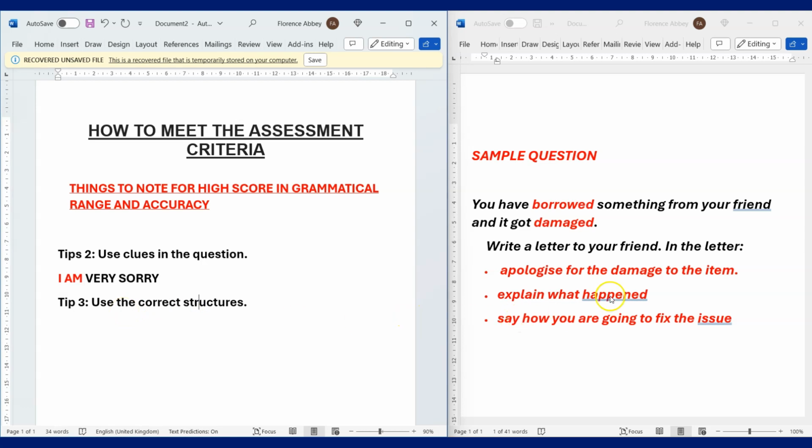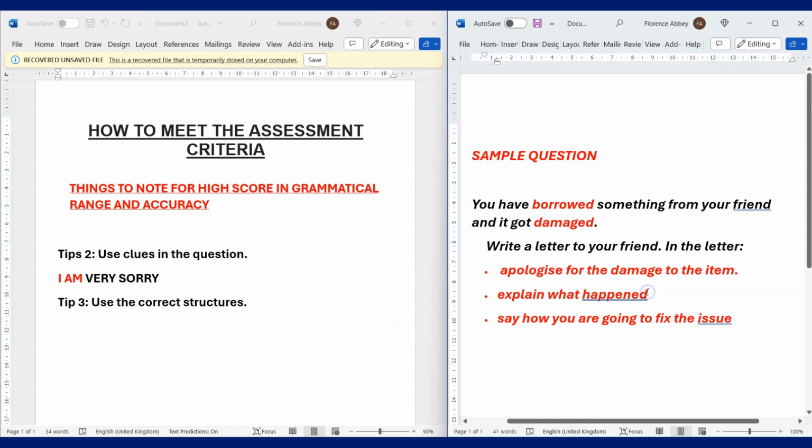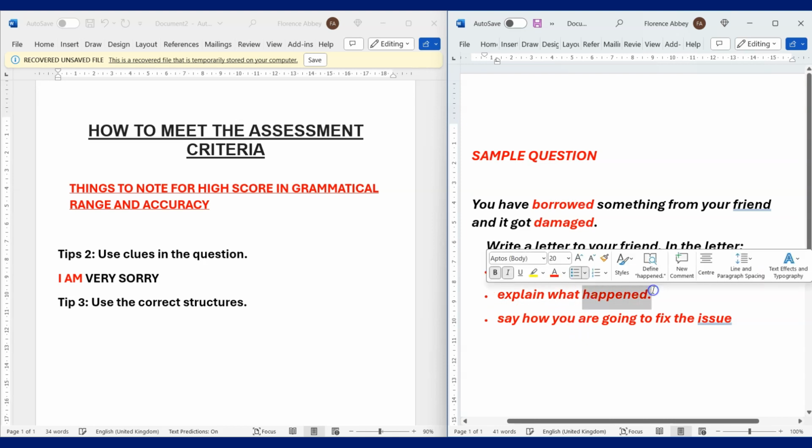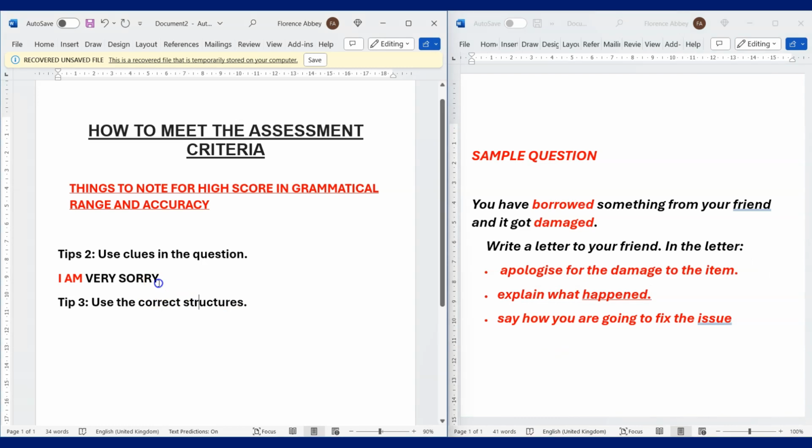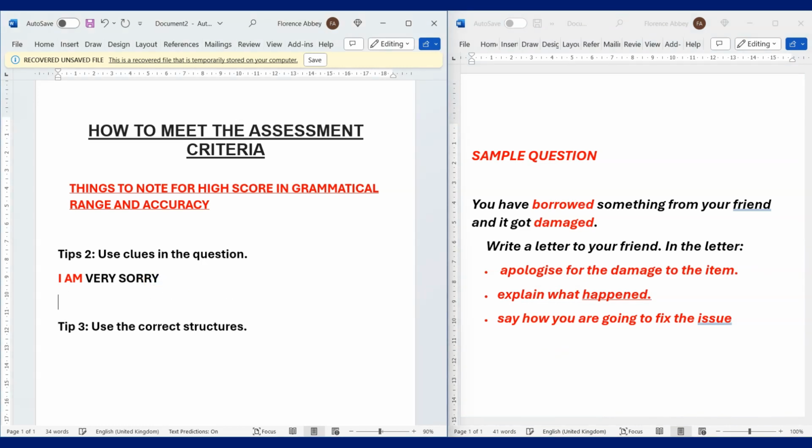When you go to the second bullet point, it tells us to explain what happened. Happened shows that it's in the past. So you're going to explain what happened, and because it has already happened, your point should be in the past. You have to write in past tense to explain what happened to the item that you borrowed.